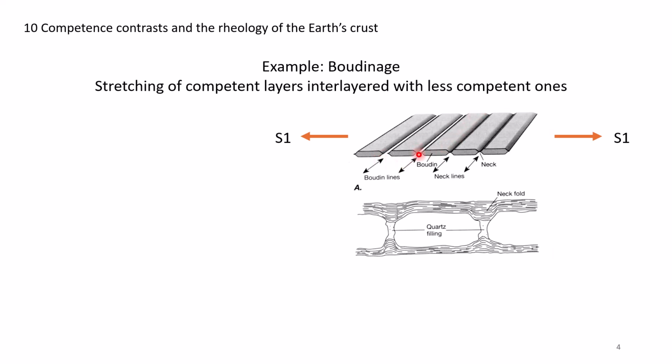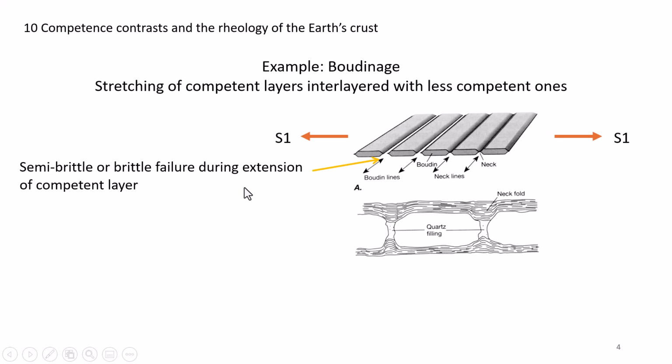There is a linear fabric element along the breakage that would be the boudin lines, and the linear fabric that we would observe in the field is referred to as necklines. The individual rod-like bodies that we see here, that is what we refer to as boudins.